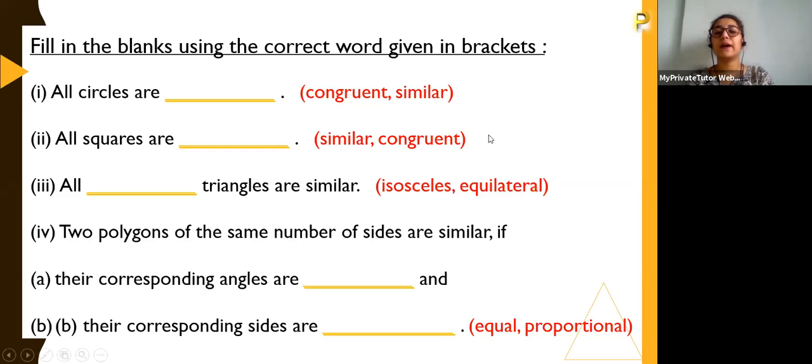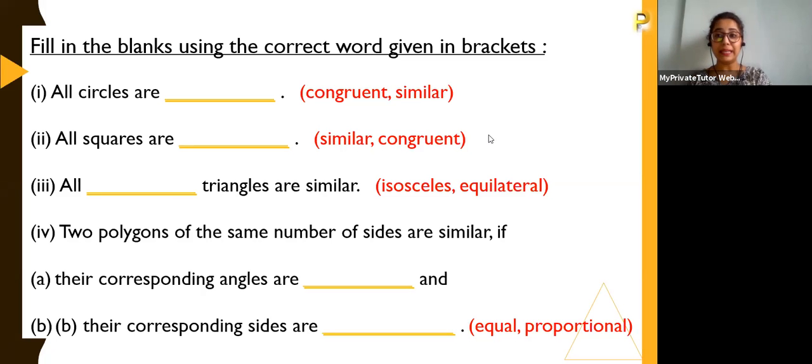All circles are dash. Now, if you talk about a ball and a clock, just the circle part of it, they are in the shape of a circle, correct? But are they congruent or are they similar? I'll just repeat what congruent and similar mean.